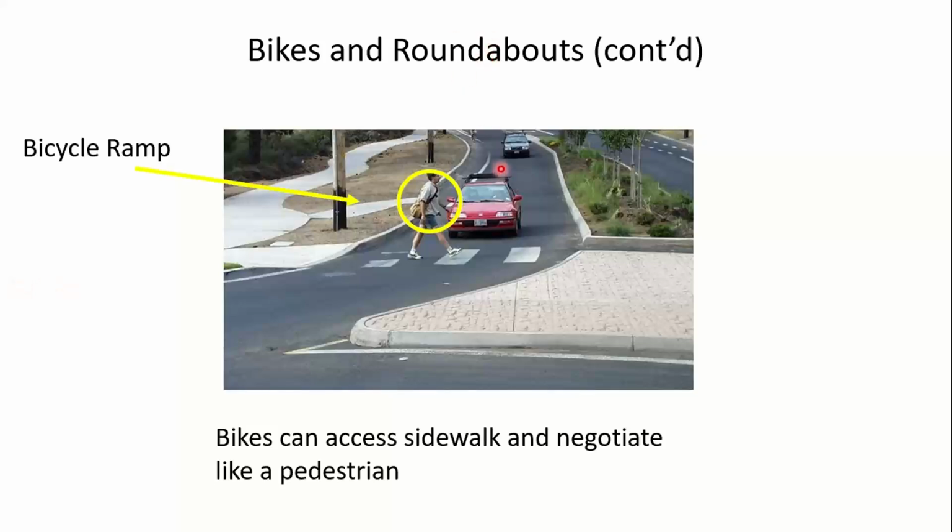But if you'll notice in this image here, which I showed you earlier, there is a bike lane along this approach. And notice this section of concrete here. This is providing the bicyclist with an opportunity to access the sidewalk. And that's the purpose of that.